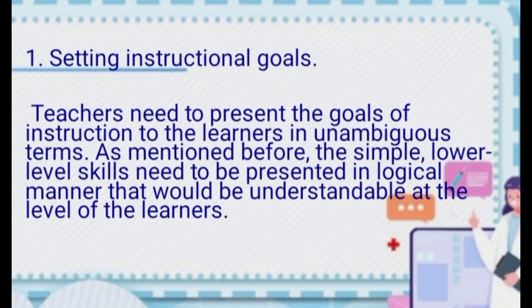So teachers need to present the goals of instruction to the learners in unambiguous terms. As mentioned before, the simple, lower level skills need to be presented in a logical manner that would be understandable at the level of the learners. So yes, the teacher needs to consider adjusting their teaching to match the level of understanding of the target, which is the students.